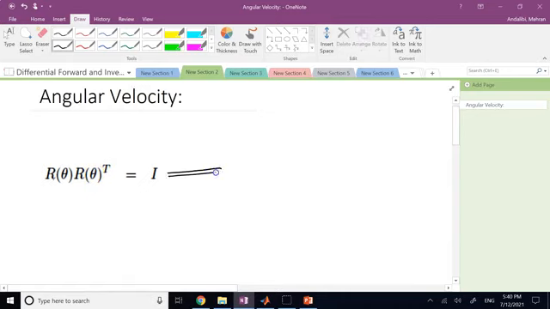So what I want to do here is to take a time derivative from both sides of this relation. It's a product here, so if you take the time derivative, it is going to be the derivative of R, which is R dot, times R transpose, plus R times the time derivative of R transpose.